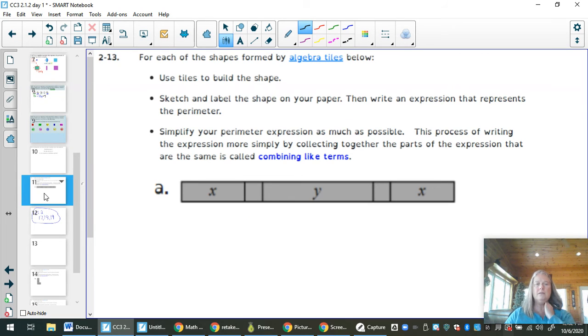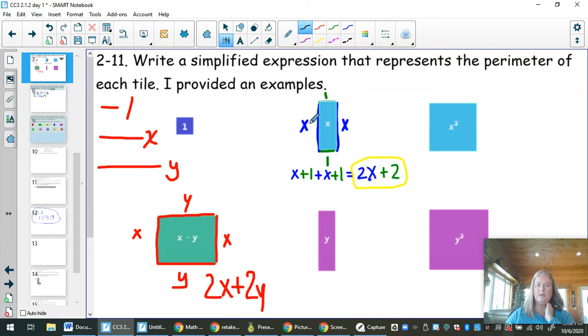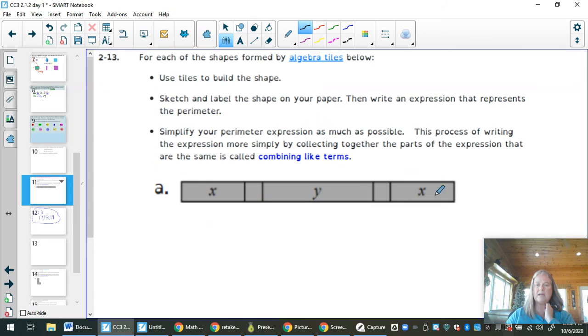And then number 13, one class we started, one class we did not. You're going to do the same thing as you did with your perimeter of the tiles. It's just that now we have multiple tiles put together. So on this side, I would label this as a 1 length. Then I have an x.